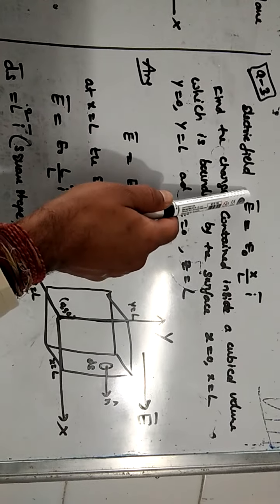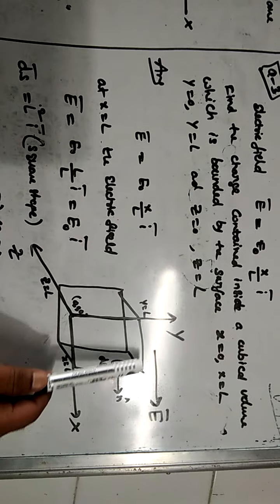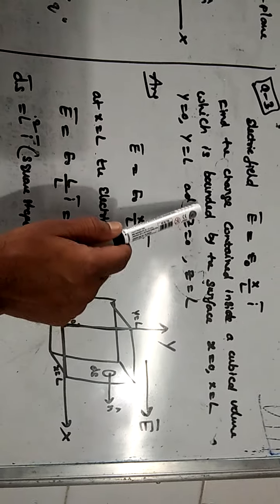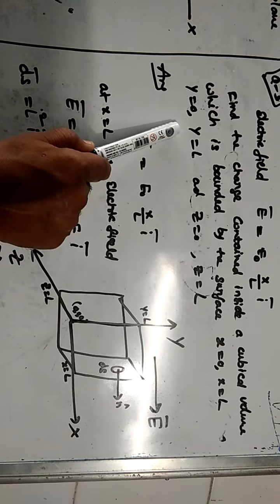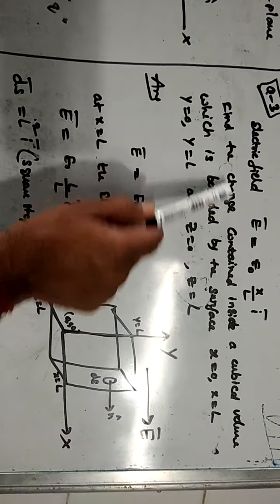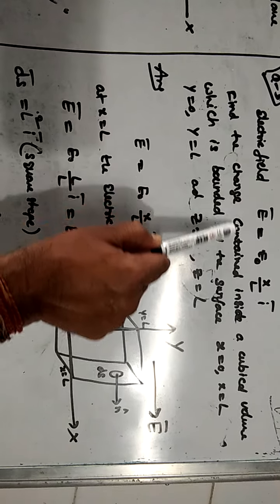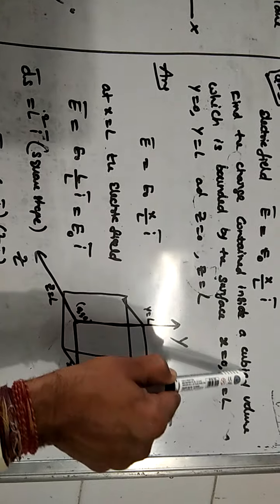Here electric field E bar is equal to E naught x by L i bar. And there is a cube, which is bounded by the surfaces x equal to 0, x equal to L, y equal to 0, y equal to L, z equal to 0, z equal to L. So in this cube, how much charge is contained inside? What is the charge inside the cube?